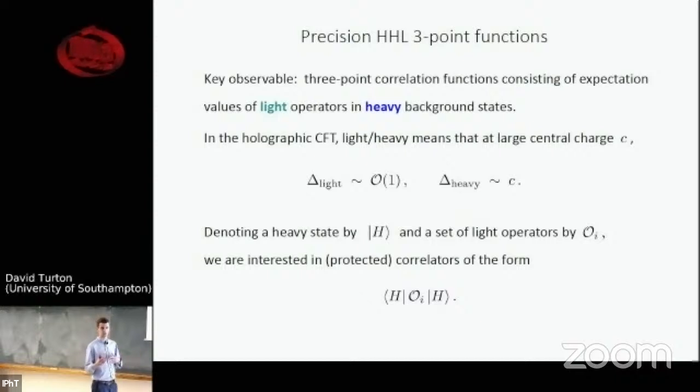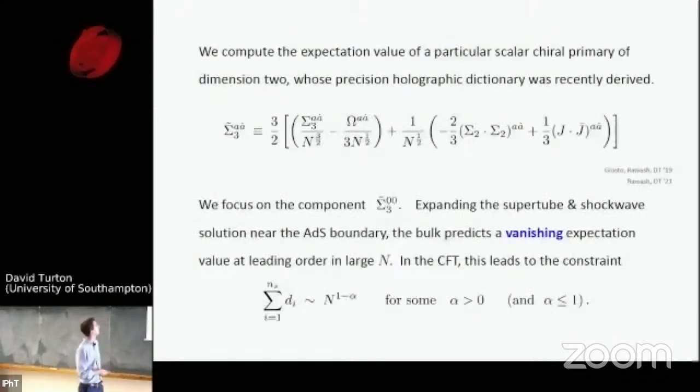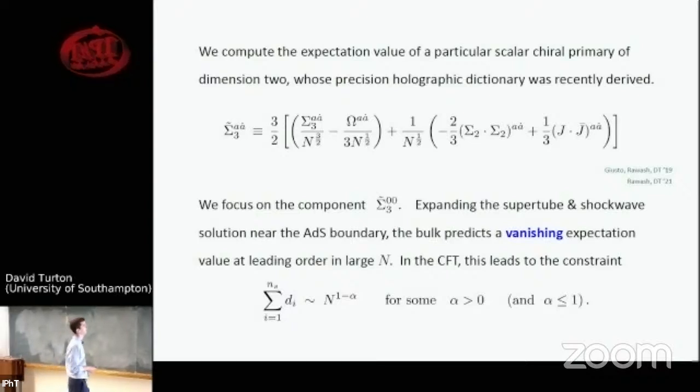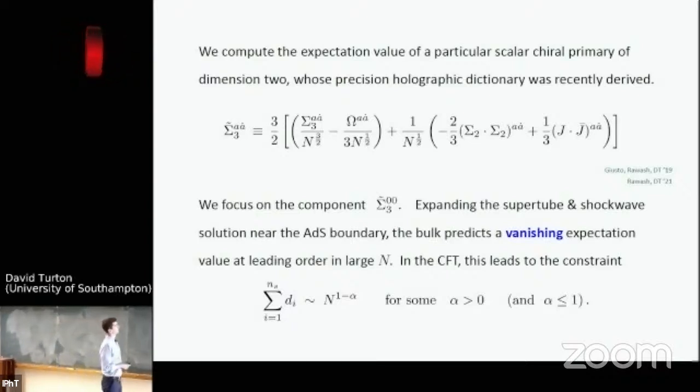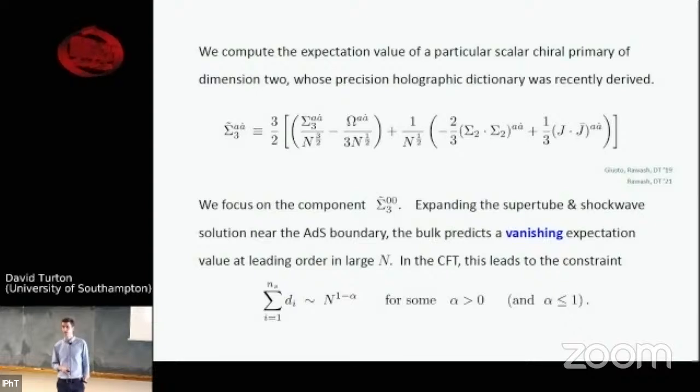So it's protected, so we can compare its value, and this gives us more information on the CFT dual state. The particular operator we're interested in is a scalar chiral primary of dimension 2, whose precision holographic dictionary was recently derived, also by Sami, who was on all these papers, together with Stefano Giusto and myself in these 2 papers you see there.